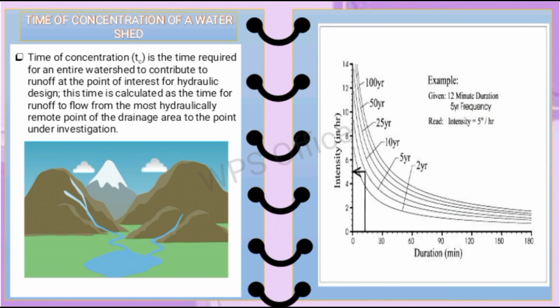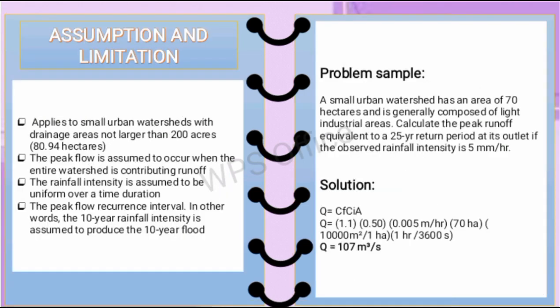Ito yung time for water to travel mula sa farthest point to the outlet. But to clarify, hindi lang yung farthest flow path yung i-compute. Lahat ng flow path na connected sa outlet, i-add siya lahat. Tapos, i-base naman siya dito sa RIDF curve.